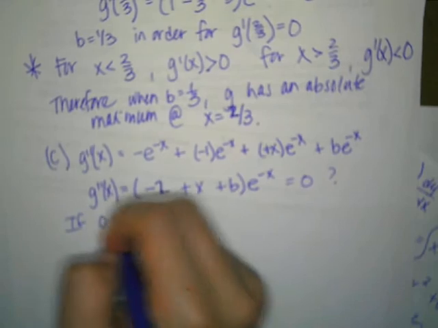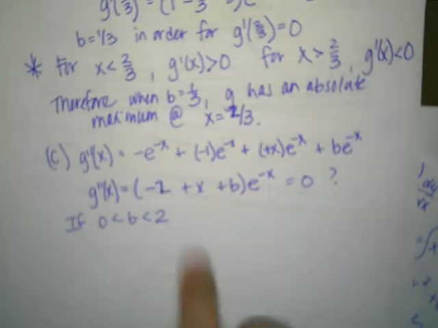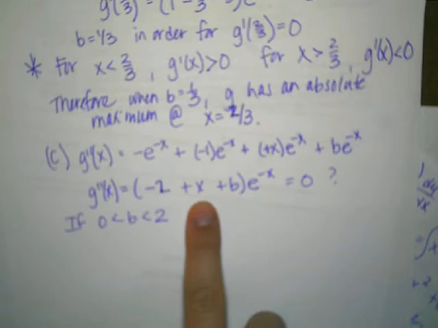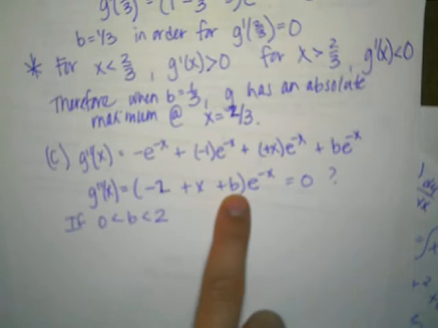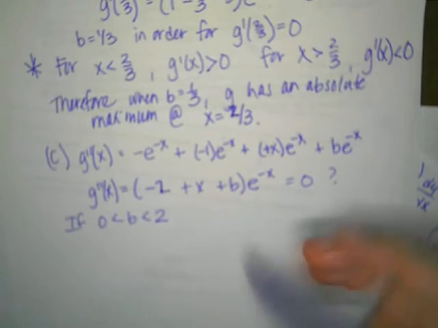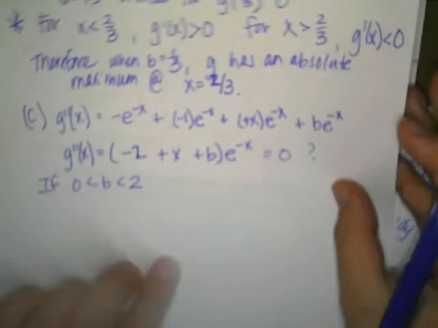But if your b is between 0 and 2, let's think about what happens there. If it's a 1, is it giving me a value here? Oh, no. Sorry.